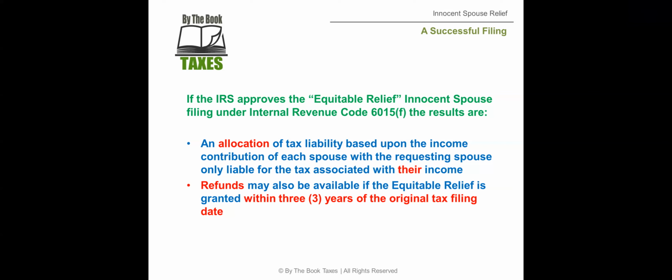Refunds also may be available under equitable relief as long as the relief has been granted within 3 years of the original tax filing. So an allocation of tax liability between the spouses based upon income, and refunds are available.